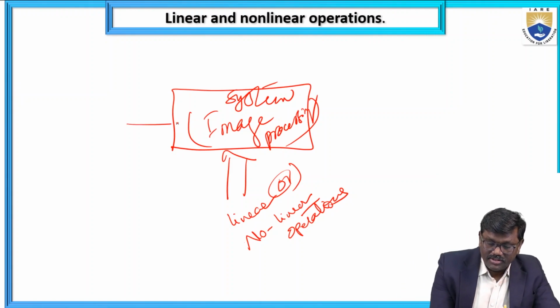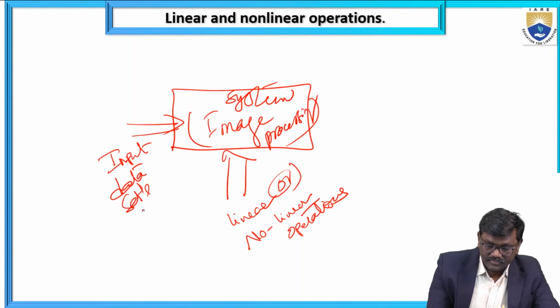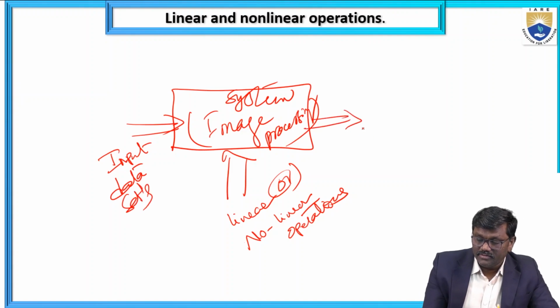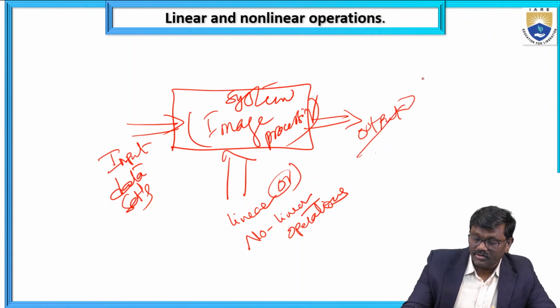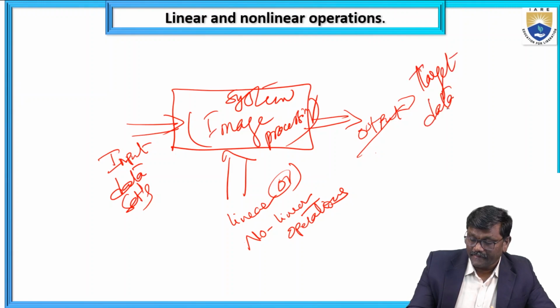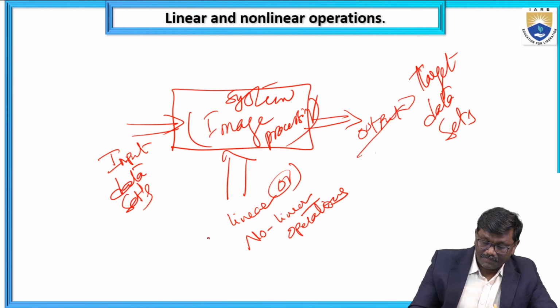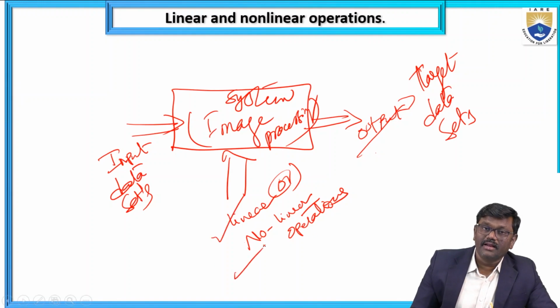Here we are giving the input data sets, and what we are expecting is the output. The output is based on some target data set which you are expecting, obtained by applying either linear or non-linear operations.